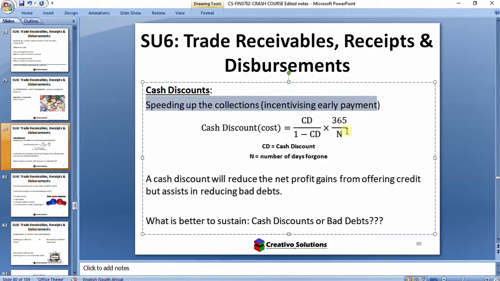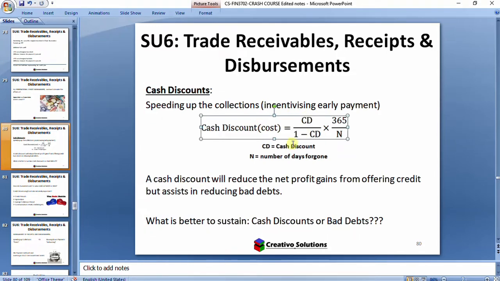Sometimes cash discounts can be an incentive to pay early because it's going to benefit the customer. Sometimes it's not big enough. Sometimes the discount is so small, the cost of giving up the discount is very, very small, and it's not really worth it.